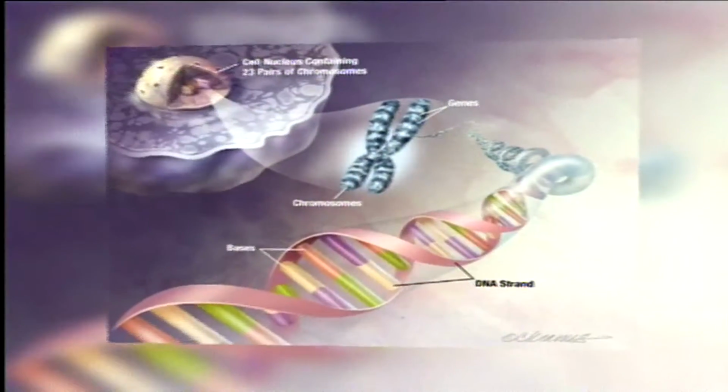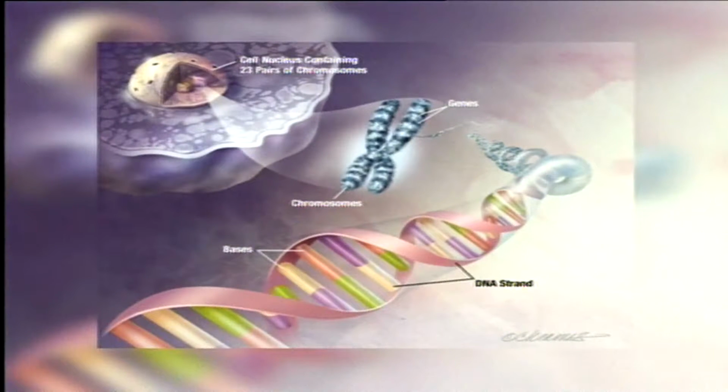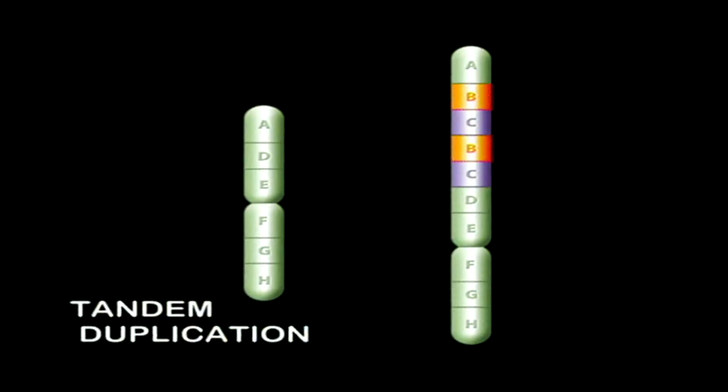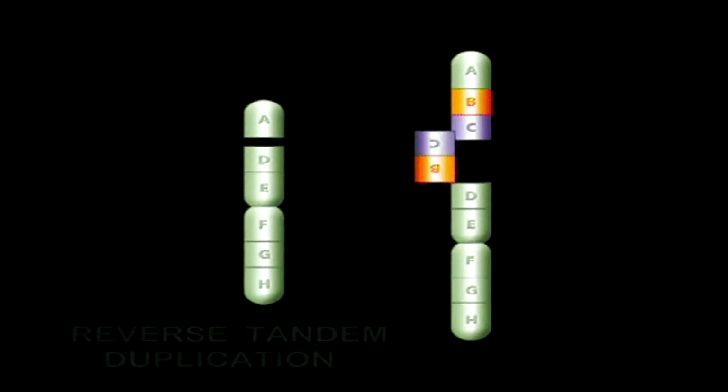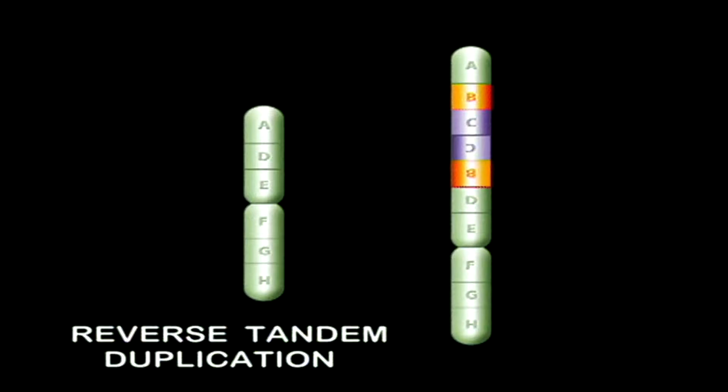Now, duplication. A duplication is a chromosomal alteration that results in the doubling of a segment of a chromosome. The extra segment may be located immediately after the normal segment in precisely the same orientation. Such duplication is called tandem duplication. When the gene sequence in the extra segment is in the opposite order of the original, it is known as reverse tandem duplication.